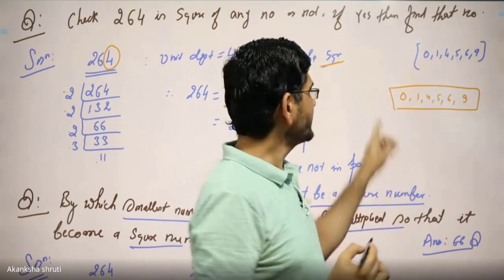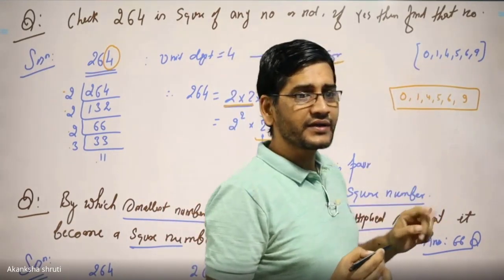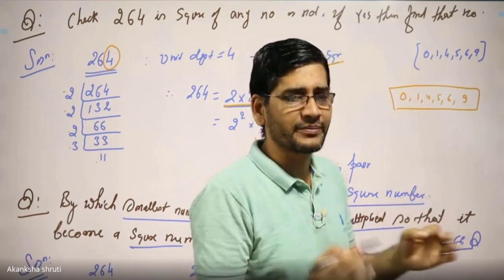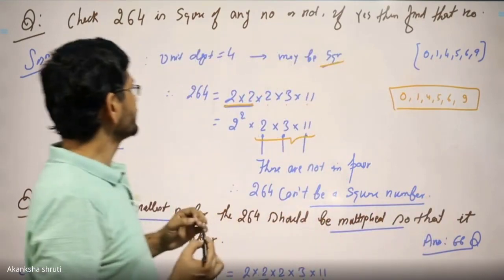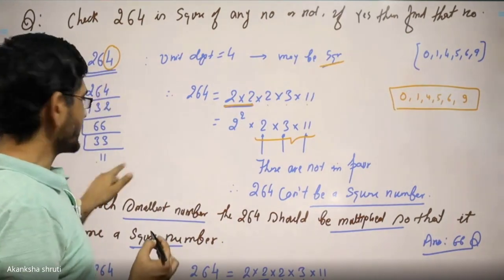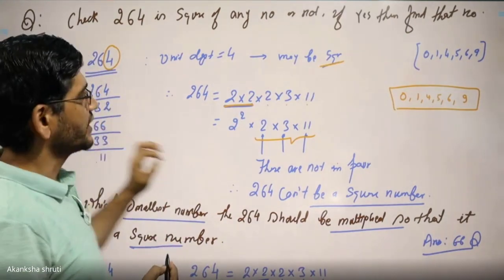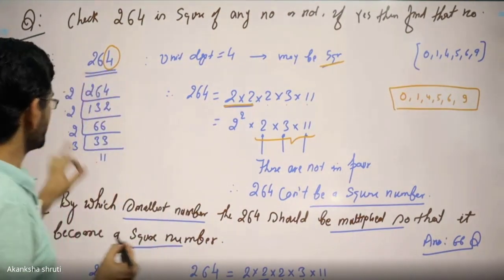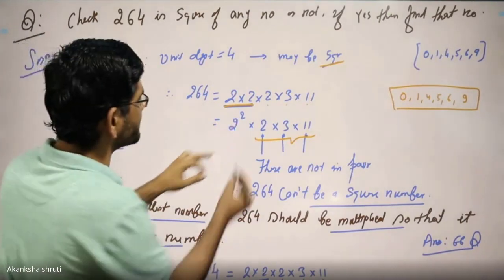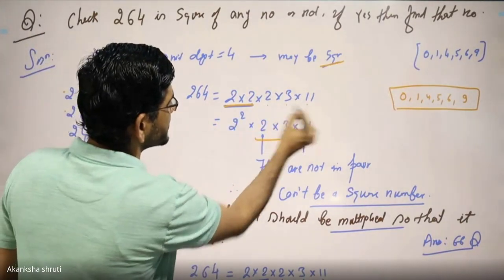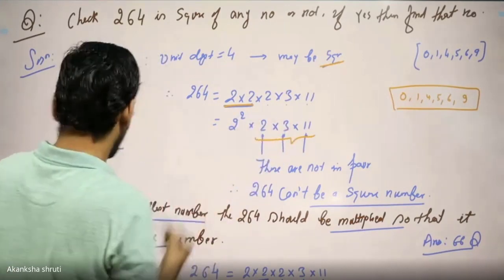But if it is among these, then it may or may not be a square. For that, we need to check by the factorization method. If the unit digit is 4, we have to go for factorization. Here we found that power 2 for these numbers we could not get. Therefore, it is not a square.